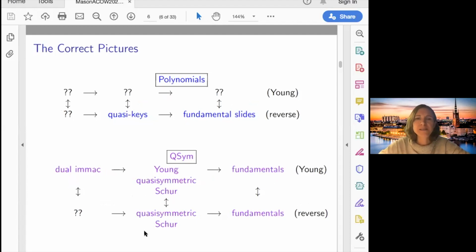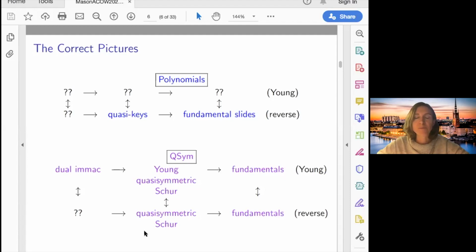So the quasi-symmetric Schur functions, and I'll define all of this in a moment, I'm just giving an overview right now, split into two families, one that's called the young quasi-symmetric Schurs, and the other, the originally defined quasi-symmetric Schurs. Both of those expand positively into the fundamentals.